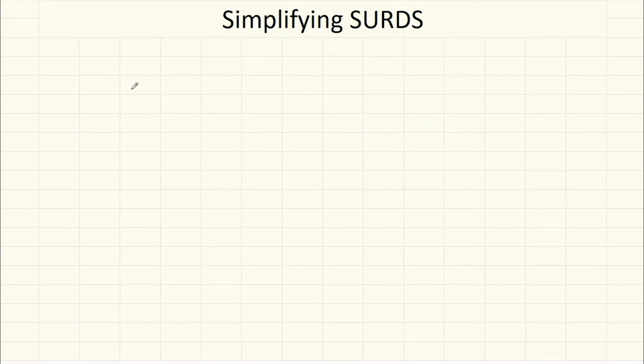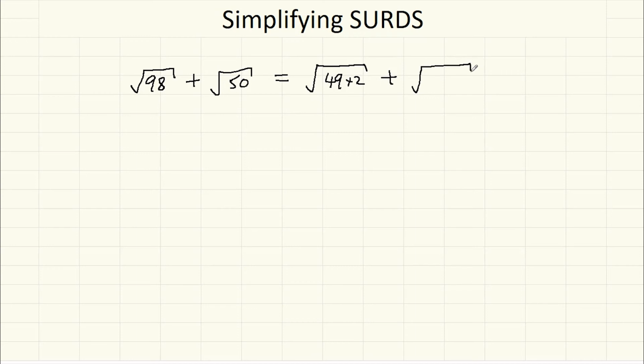Okay, try this one. Root 98 plus this time root 50. Okay, what does that equal? Well, the root 98 is going to give us the root of 49 times 2 plus root 50 is root 25 times 2.